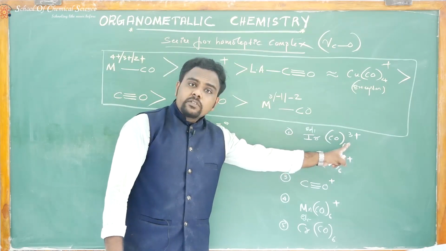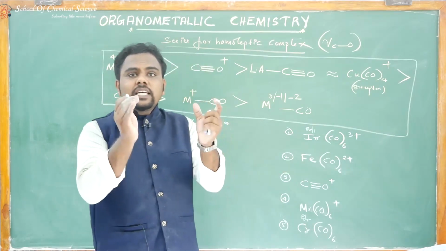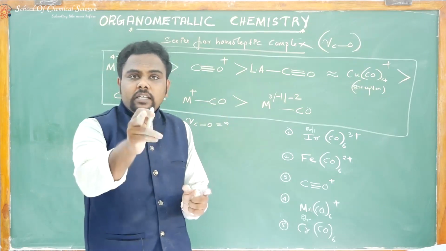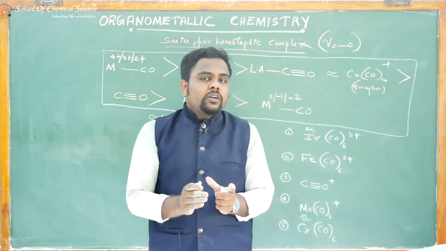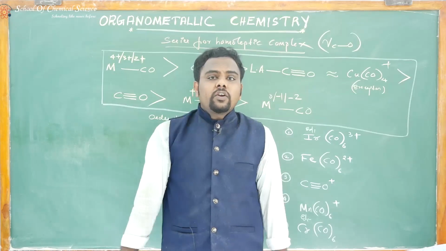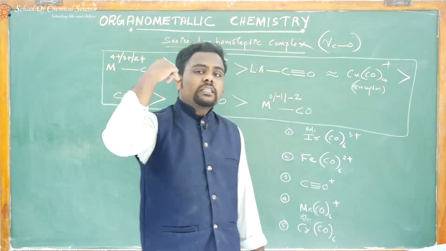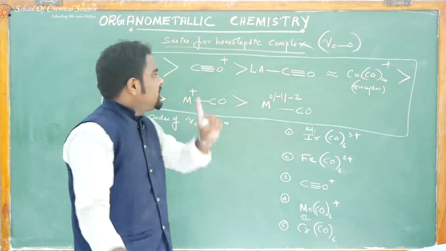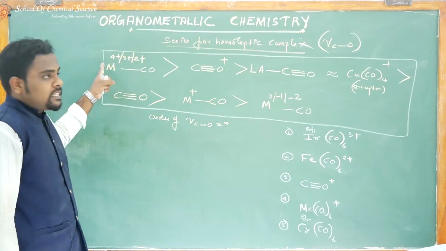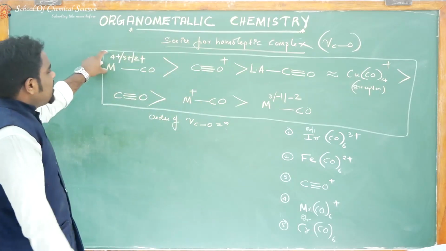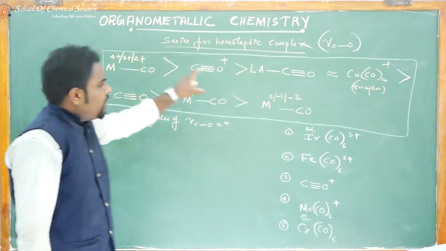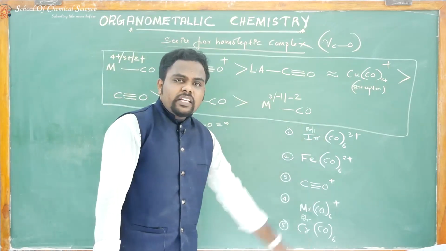Metal having high positive charge. Higher the positive charge, low electron density. Please read the statement. Low electron density on the metal, low back donation. Low back donation means higher the stretching frequency. That is the series. Higher the positive charge, higher is the stretching frequency. Lower the oxidation state, lower is the stretching frequency.